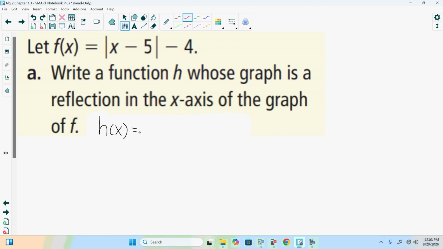So we want to write a function h whose graph is a reflection in the x-axis of the graph of f. Our reflection across the x-axis is negative f of x. Found it?